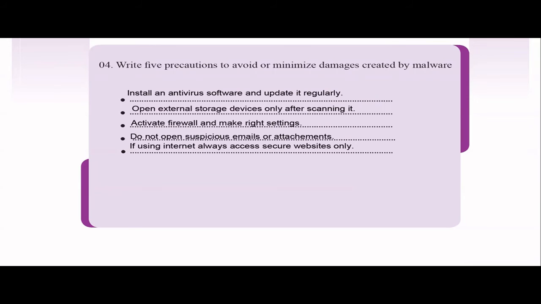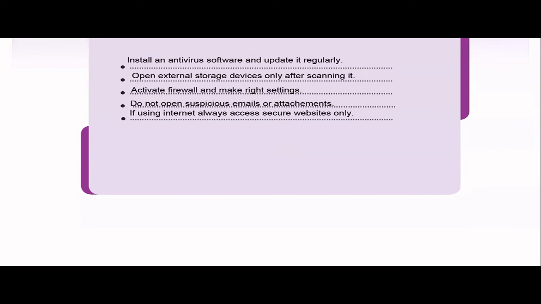And when you get emails from an unknown party, do not just open them, especially the attachments. If it is a suspicious email, don't answer or don't open it. And when you're using the internet, don't click all these ads and links, because always try to use only secure websites.